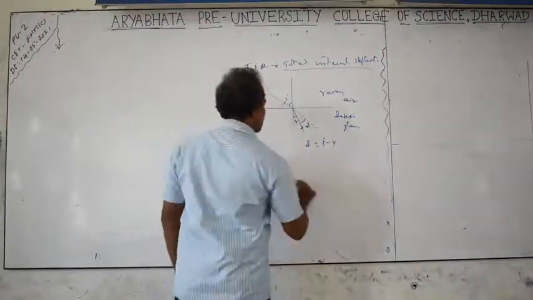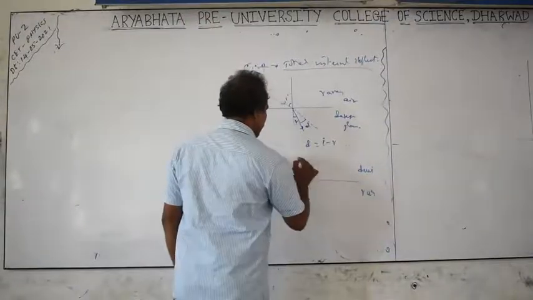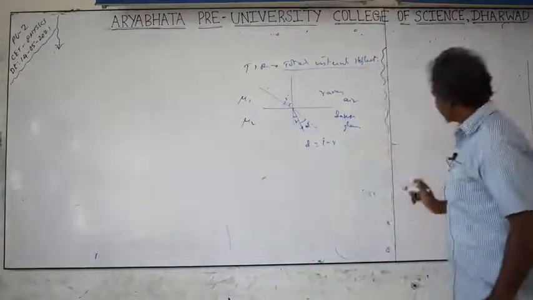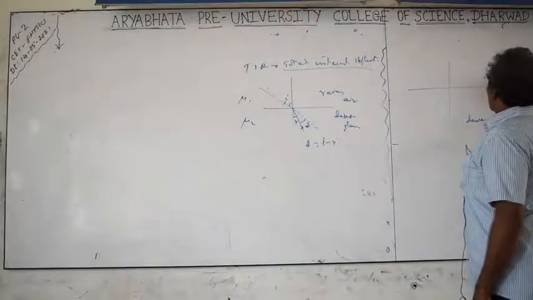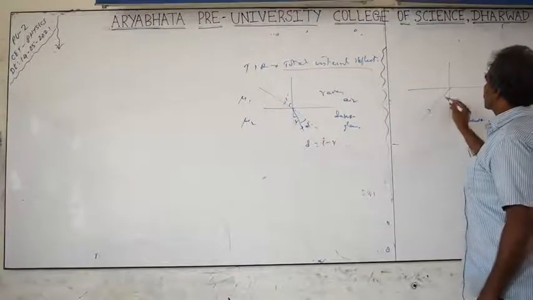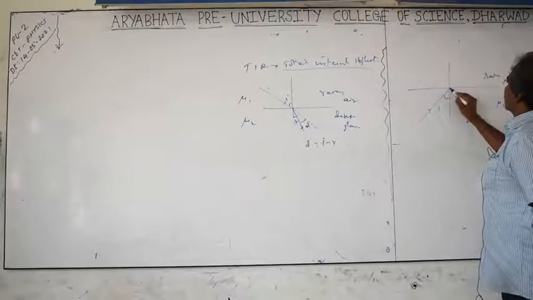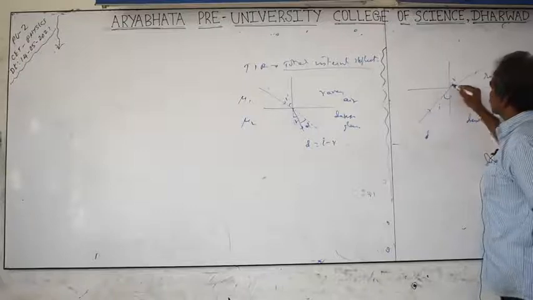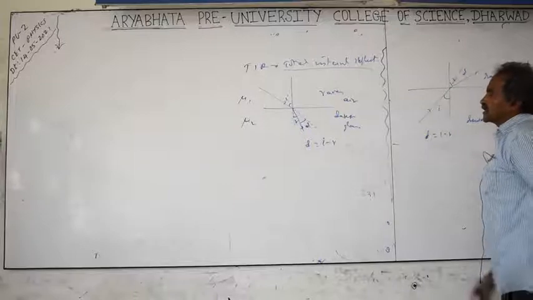In case you take the reverse case, light traveling from denser to rarer medium, this is the angle of incidence. The light traveling to the rarer medium deviates away from the normal, this is R. R is more than I, the deviation from the straight direction is the angle of deviation. Deviation is equal to I minus R.